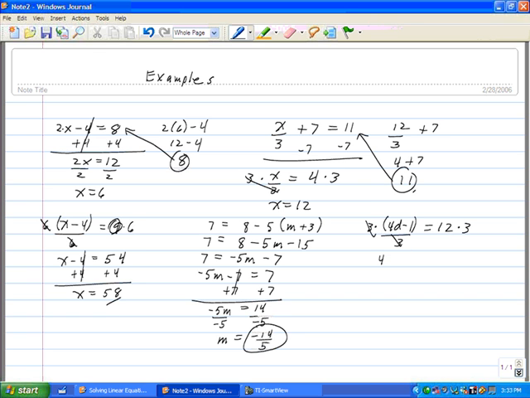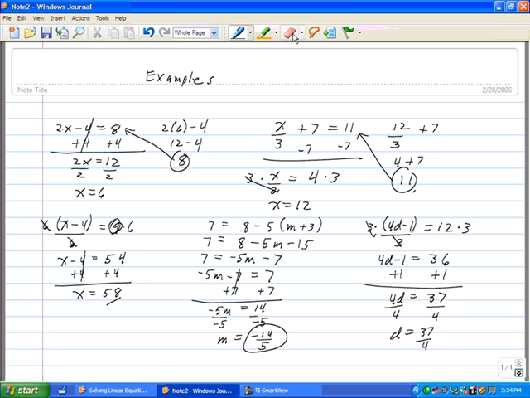And the 4d minus 1 comes out, and you've got a 36. Again, the addition property: 4d equals 37. Dividing by 4 on both sides, you get d equaling 37 fourths. Again, fractional answers are completely acceptable.